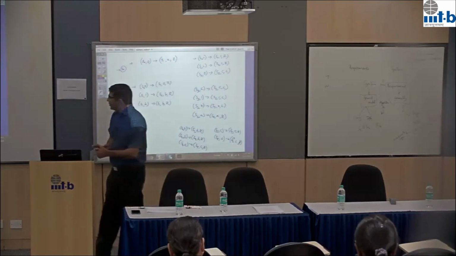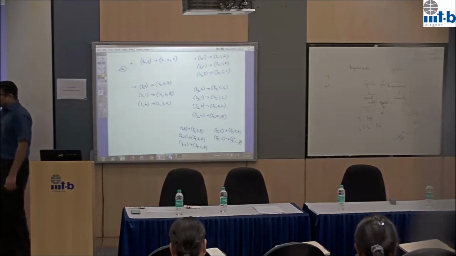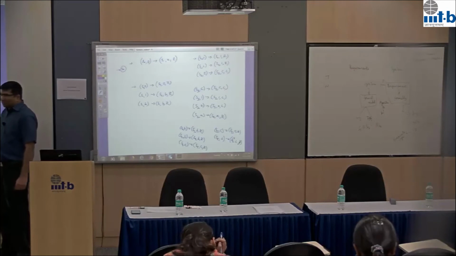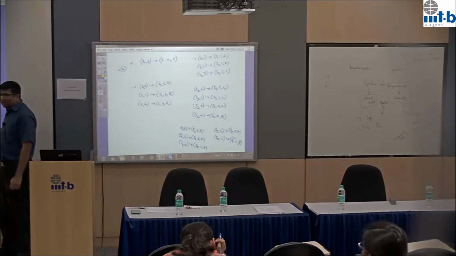So in S5, as long as I'm encountering C, I keep moving forward, and when I encounter the end of input, I go to the accepting halting state.